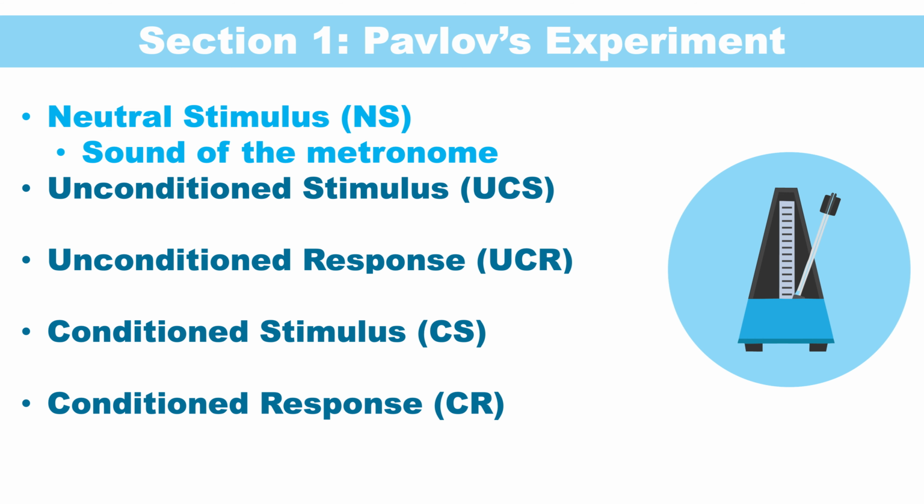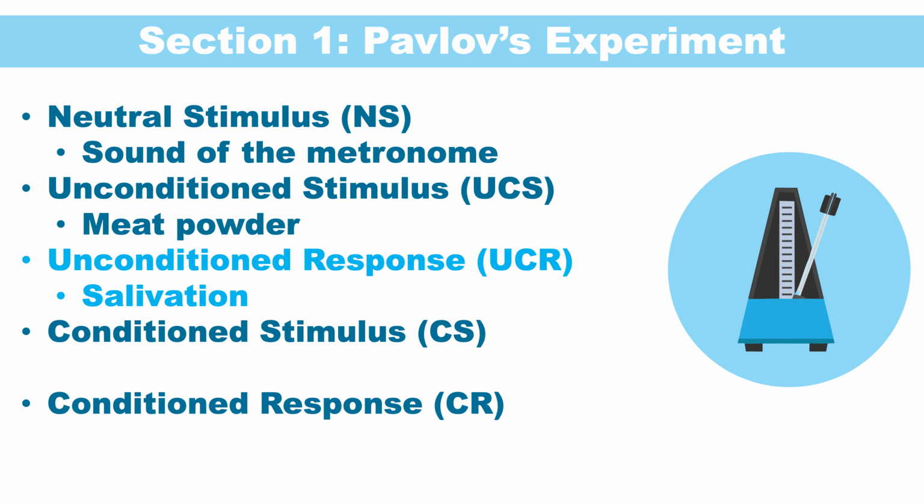At first, the sound of the metronome didn't cause salivation. It was neutral, hence the neutral stimulus, or NS. Food naturally caused salivation without any learning. So in this experiment, Pavlov and his team were using meat powder, which served as the unconditioned stimulus, or UCS.